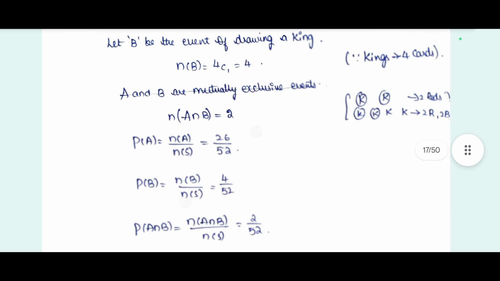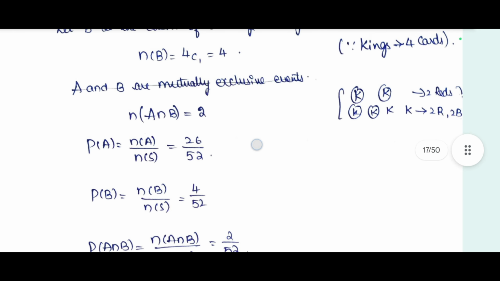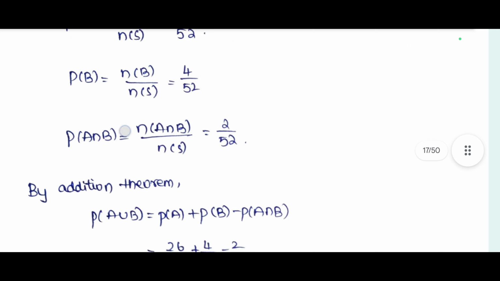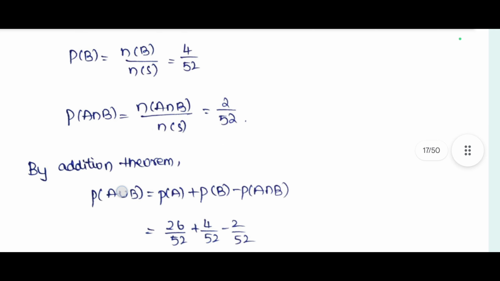How many red kings are there in a deck of cards? There are 4 kings, of which 2 are red cards. So the intersection is 2 divided by 52.